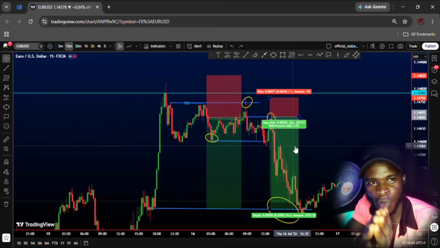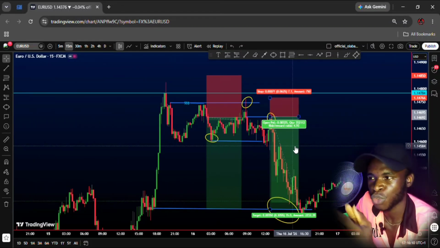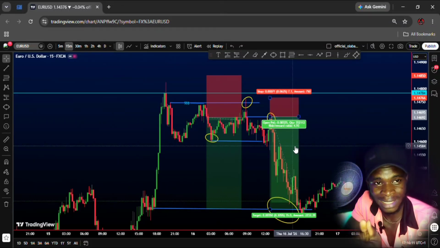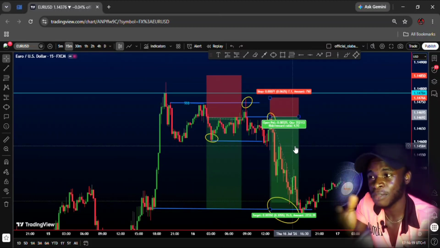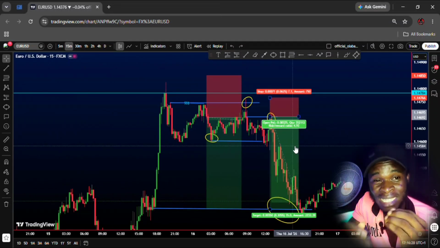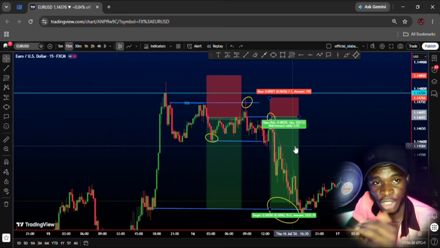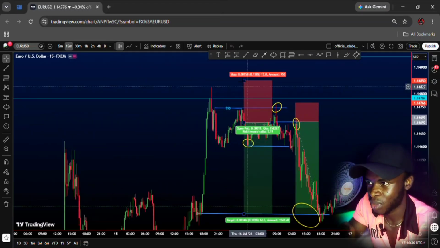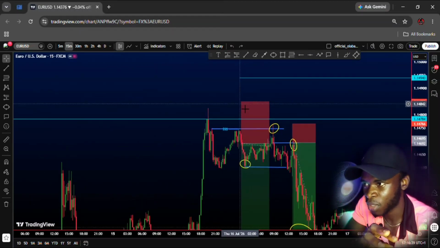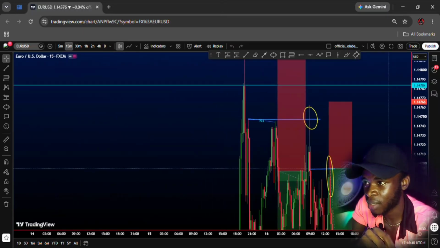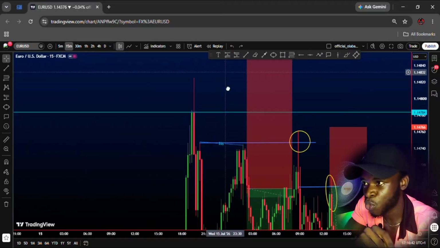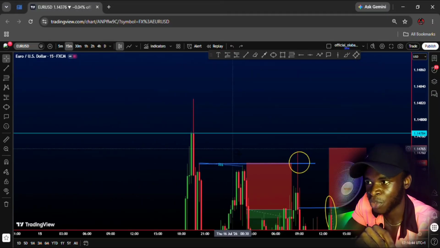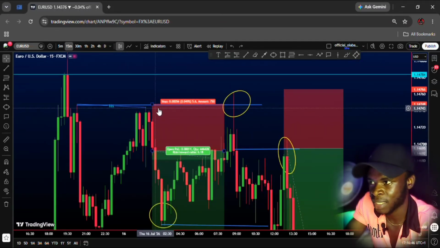So this is just another major advantage of knowing how to trade liquidity. It gives you precise entry, it gives you precise exit, and it increases your risk to reward ratio. And also it helps you avoid unnecessary stop losses, because if you trust me, there are some people who already lost their money here, because this high is where they placed their stop loss.